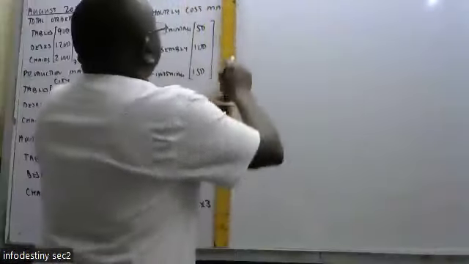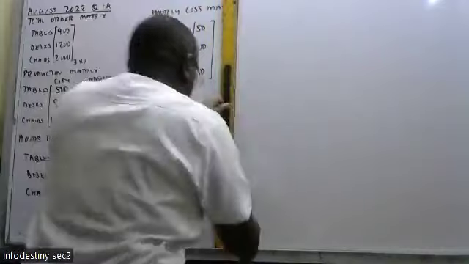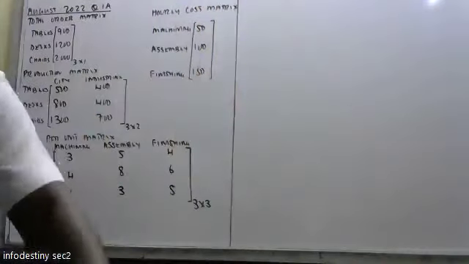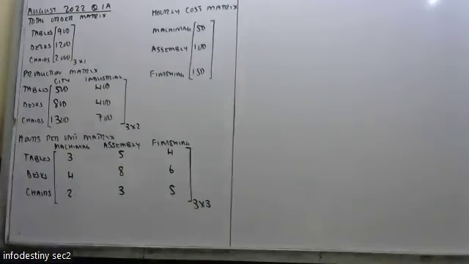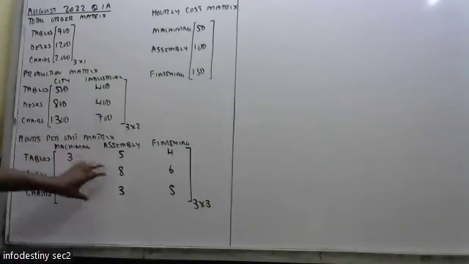So now what does the examiner want? He wants us to compute the total number of hours required at each branch. So we will have to multiply the units that we are producing with the hours.